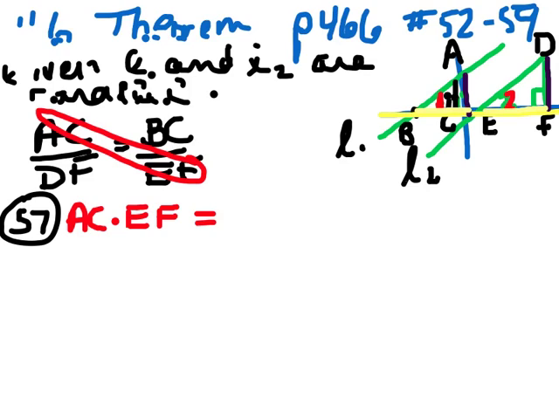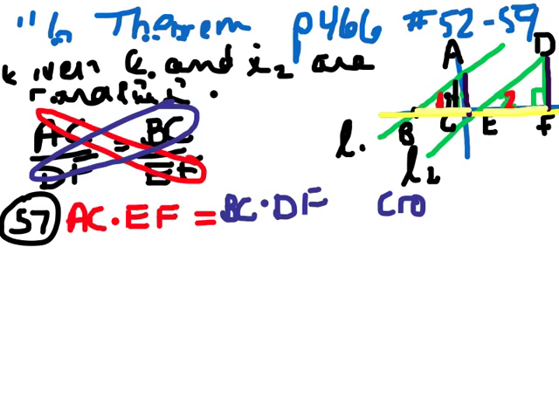I'll do that one in a different color just so you can see where things are coming from. And all that reason was there is basically multiplication. We cross multiplied here. That's all it is here.